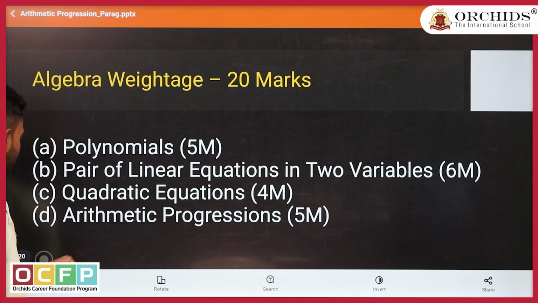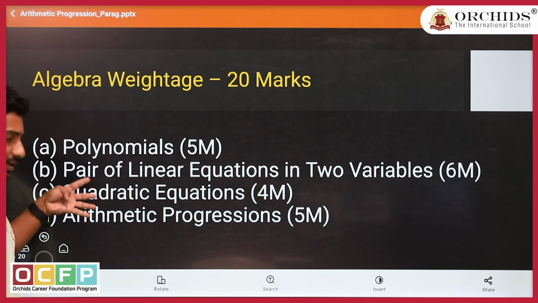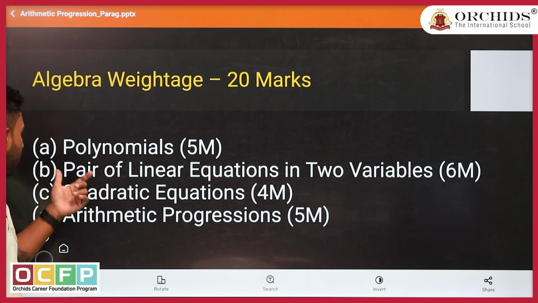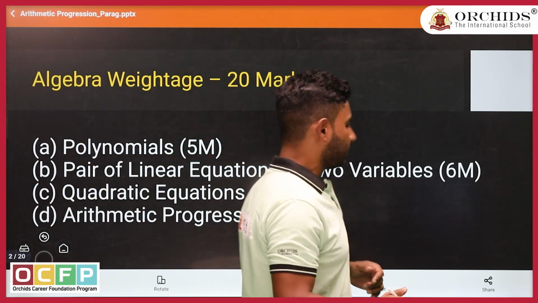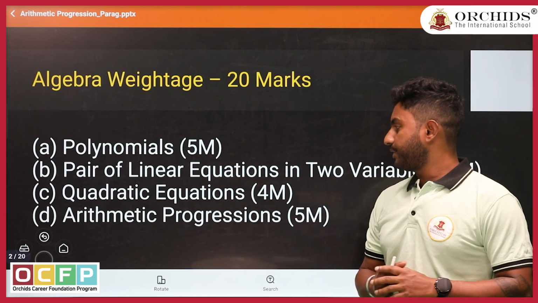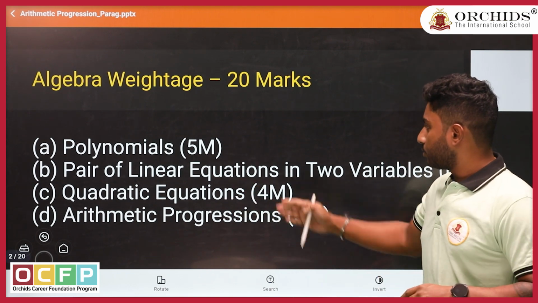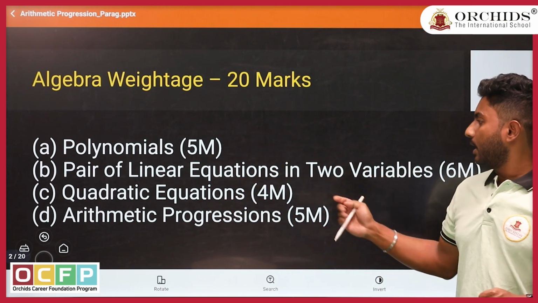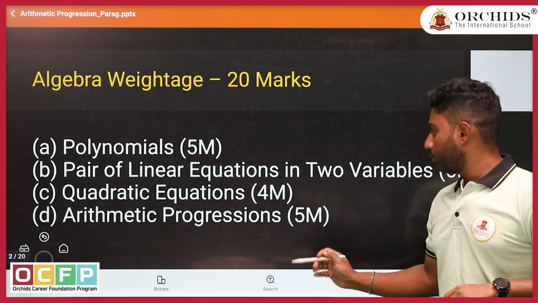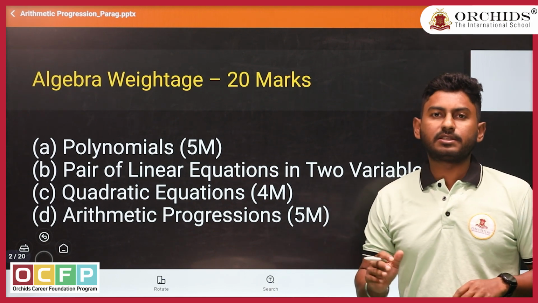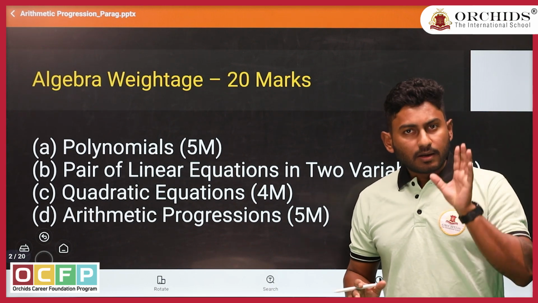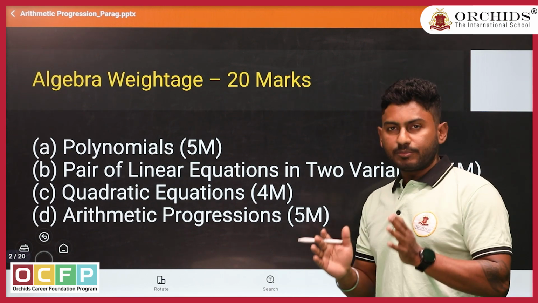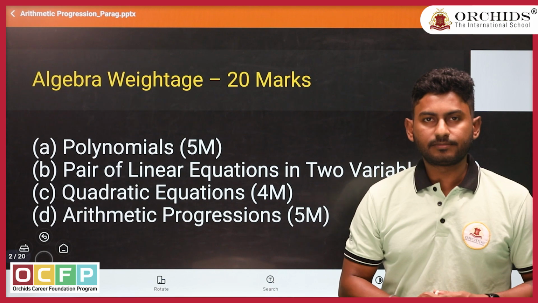Out of these, there are 4 chapters: polynomials, pair of linear equations in 2 variables, quadratic equations and arithmetic progression. Arithmetic progression carries 5 marks. If you watch this video, I'm sure these 5 marks are yours.